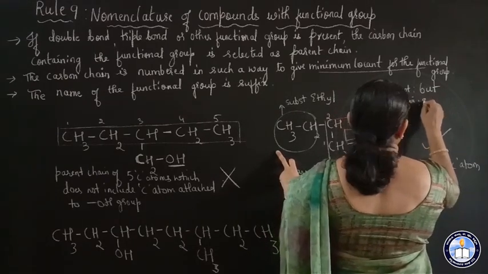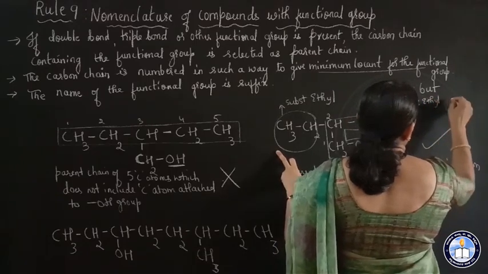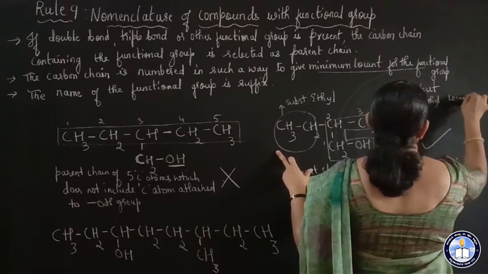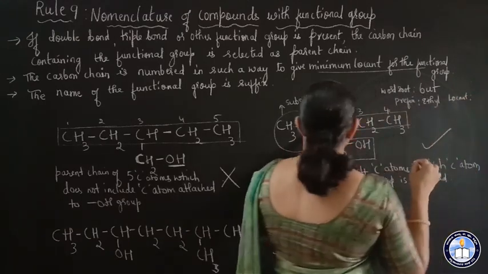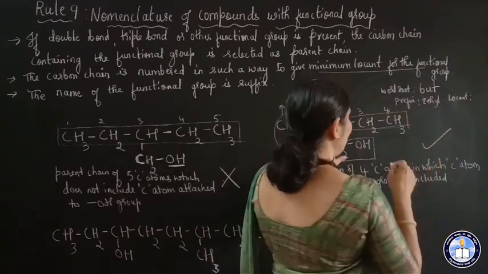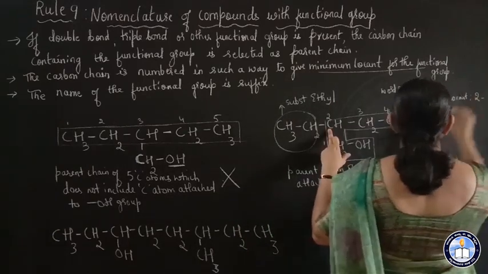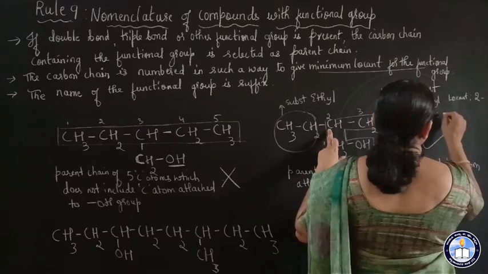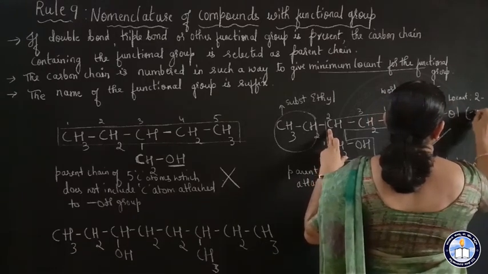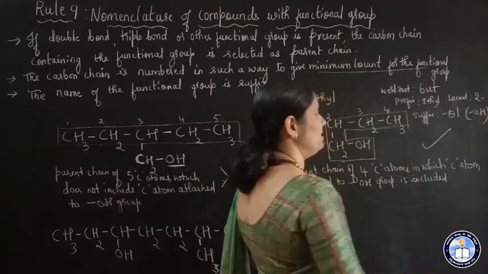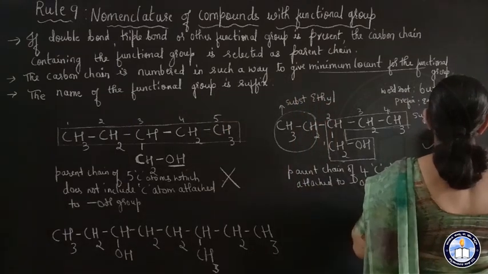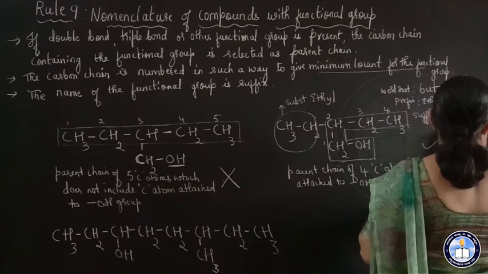The prefix is ethyl, and for the locant I'll write L. This prefix is attached to which carbon atom of the parent chain? Carbon atom 2. Now the suffix, what is the suffix? The OH group is present, so OL is the suffix. Now the locant of this suffix is 1.